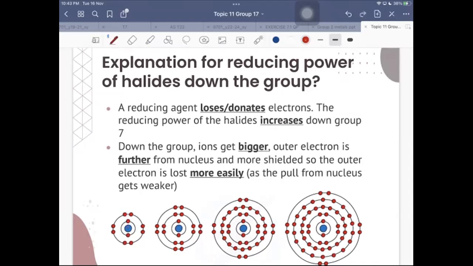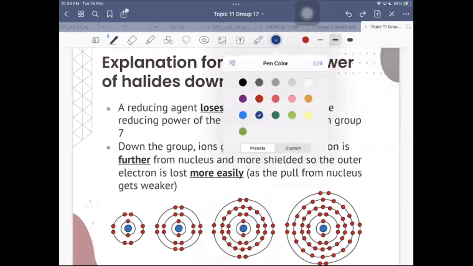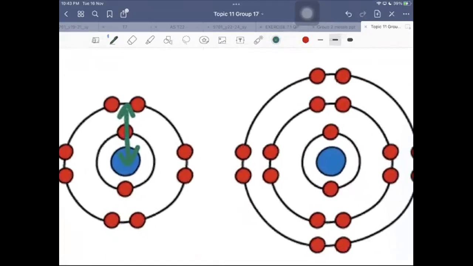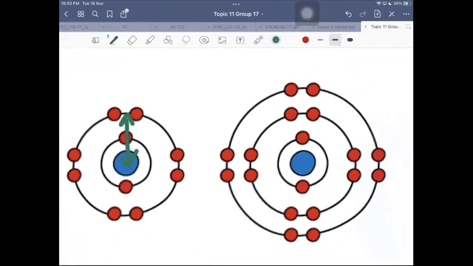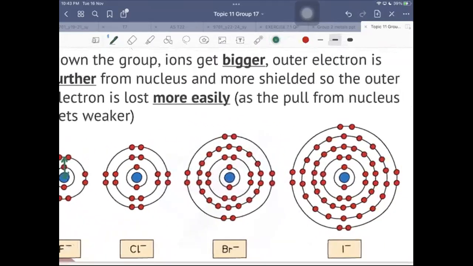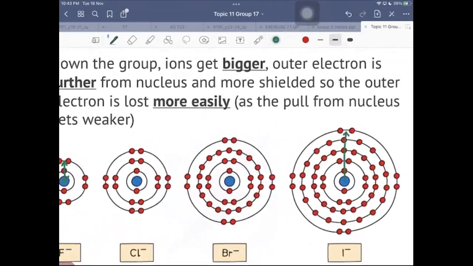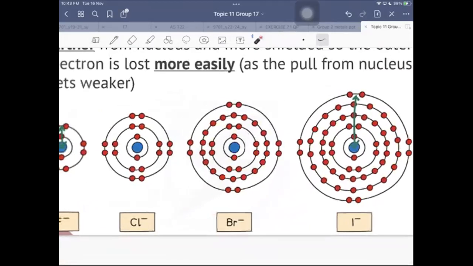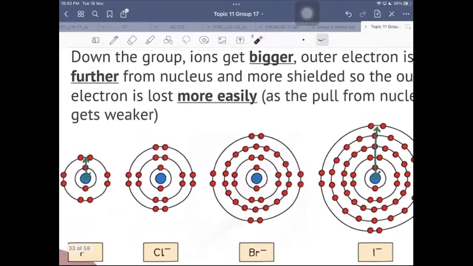If you imagine losing an electron from fluorine, using a different color so you can see, in green, the distance between the nucleus and the outermost shell is that much. Whereas for iodide, the distance between the nucleus and the outermost shell is that much. The bigger the distance, the weaker the attraction.